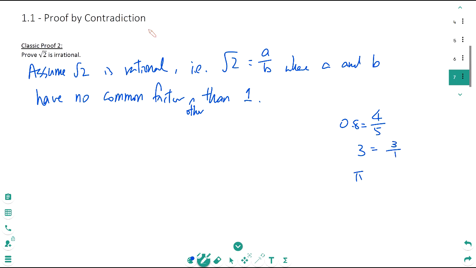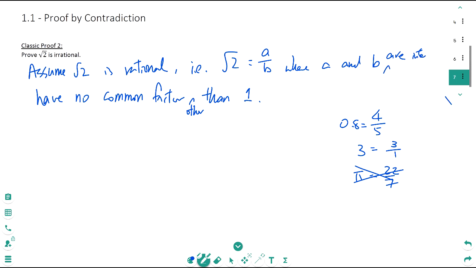Now, pi is not a rational number because pi cannot be written as a fraction. The closest fraction is 22/7, but even if you put 22/7 in the calculator, it won't give you the full decimals of pi. So pi is not rational. Where a and b are integers.